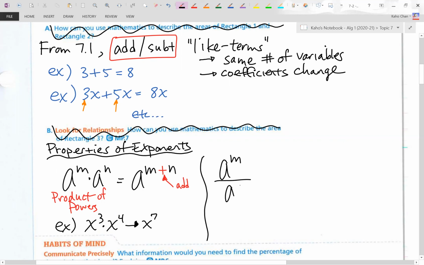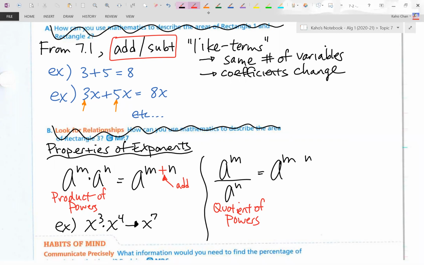When we're dividing, or quotient of powers, the rule is to do the opposite of add, which is subtract the exponents. Okay? That is the rule. Yay.